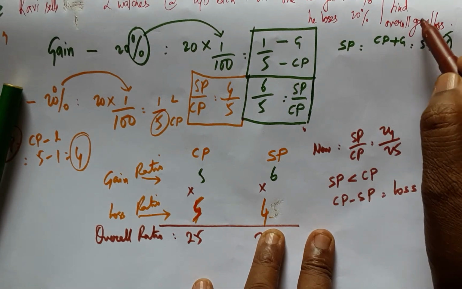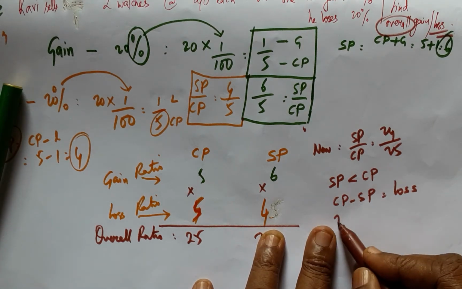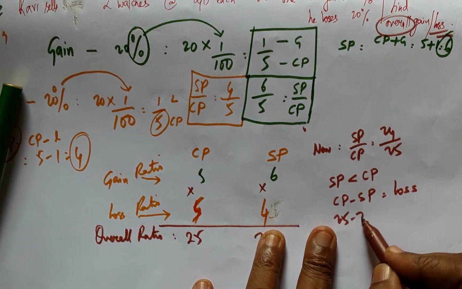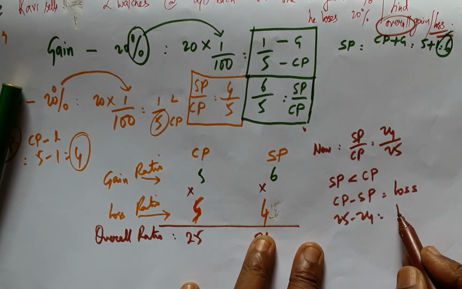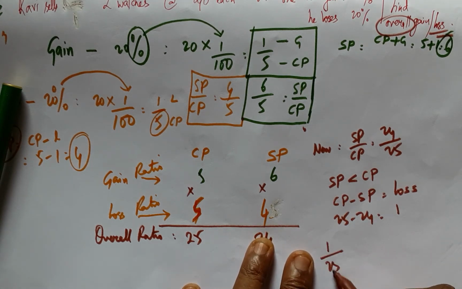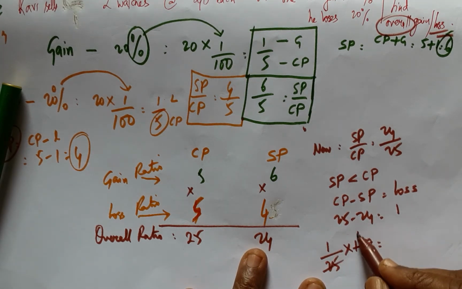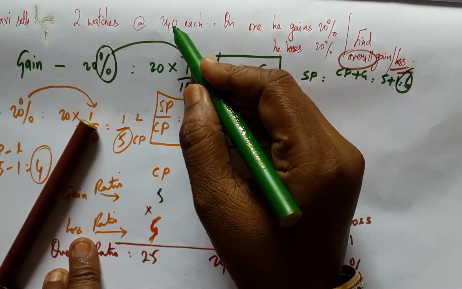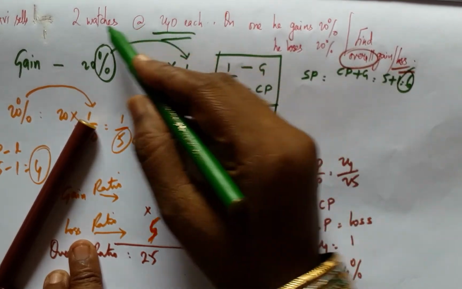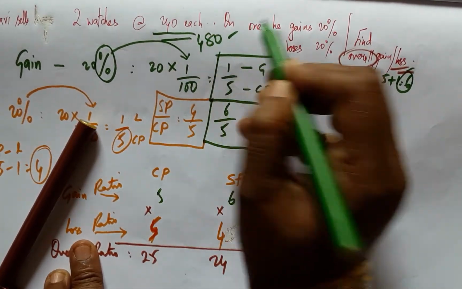So there is an overall loss, and in double quick time we can say it is 1 rupee loss for 25 CP, and to arrive at the percentage it is nothing but 4% loss.